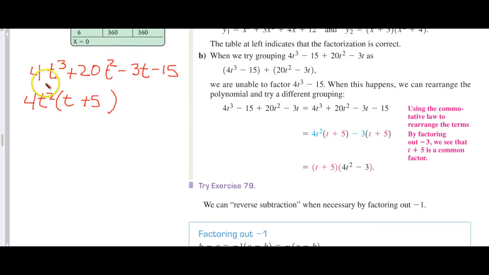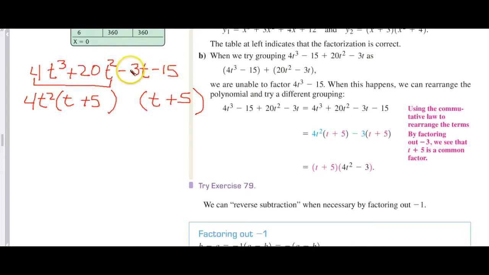Okay, I paused it to save a little time. I have written this in descending order, and out of the first two terms, I'm factoring out 4t squared, and I get t plus 5. Now, in order to get a t plus 5 out of these second two terms, I have to factor out what?